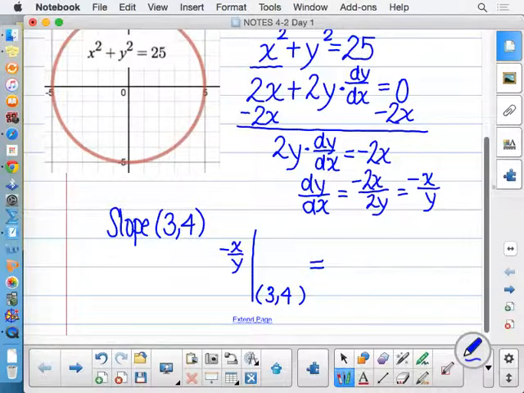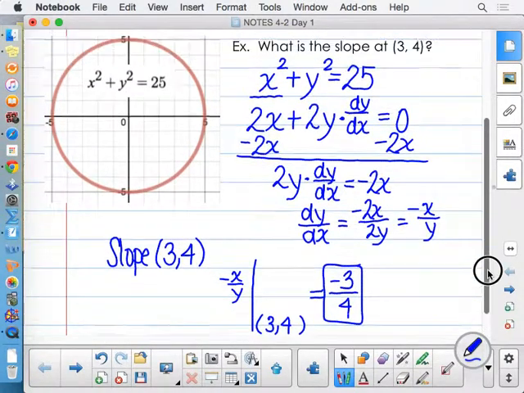So that calculus notation is worth seeing several times. It says the opposite of the x coordinate, so that'll be negative 3, all over the y coordinate, which is 4. So the slope at (3, 4) of the graph should be negative 3/4.